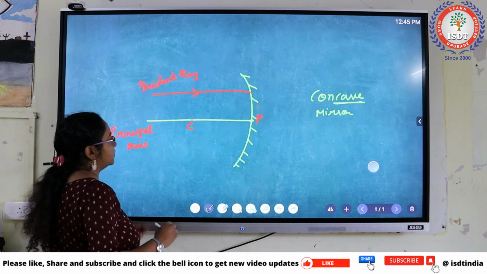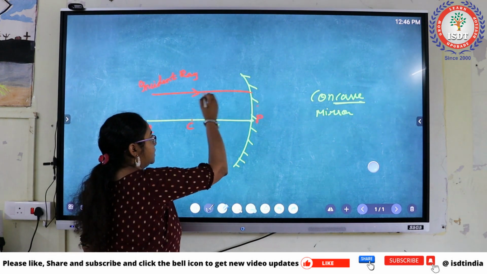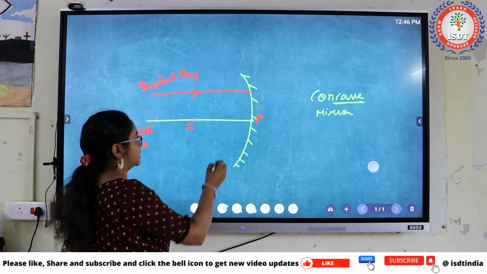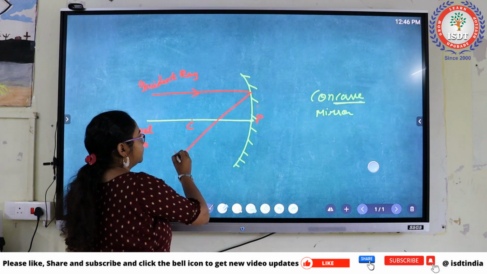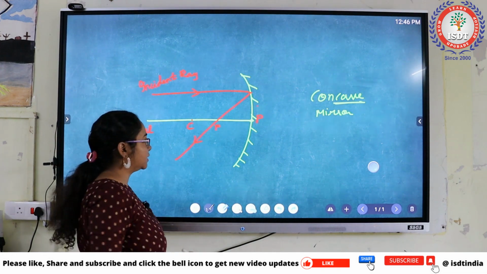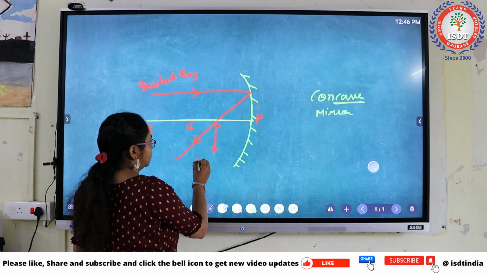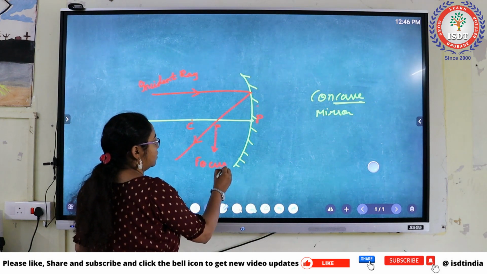The incident ray which is parallel to the principal axis will pass through a focus. This point where it passes is known as the principal focus, or focus.